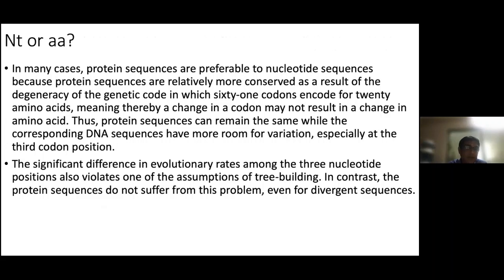We know there are certain reasons for using protein sequences. One amino acid sequence can be coded by different nucleotide sequences. So if you compare nucleotide sequences, you might find that they're different from each other, but it could be that the changes are synonymous changes, not non-synonymous changes.